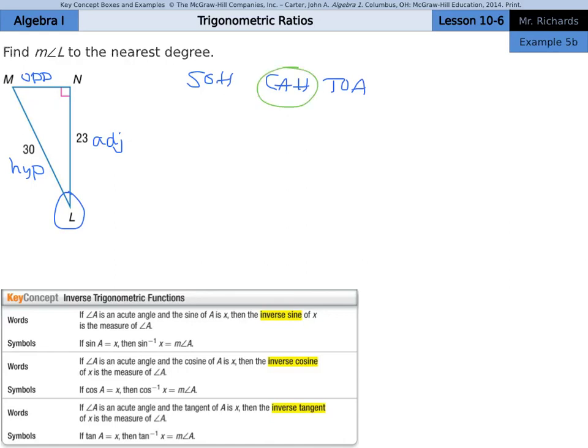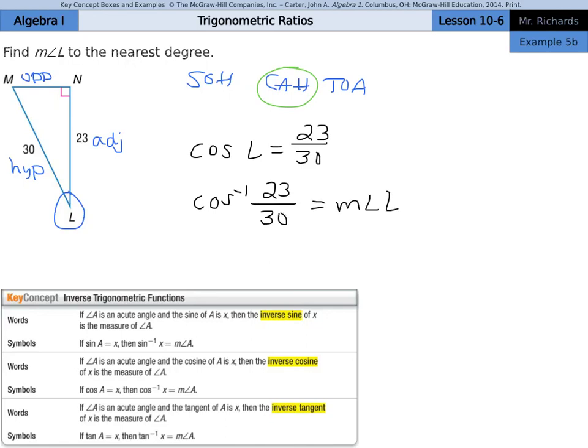So the cosine of angle L is equal to the adjacent, which is 23, over the hypotenuse, which is 30. So then the inverse cosine of 23 over 30 is going to equal the measure of angle L.